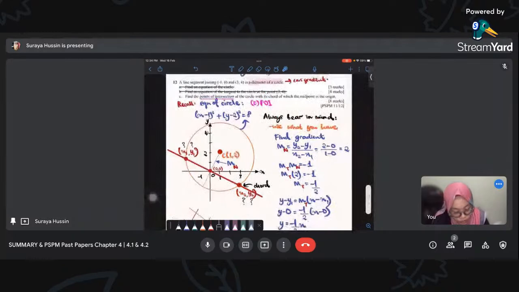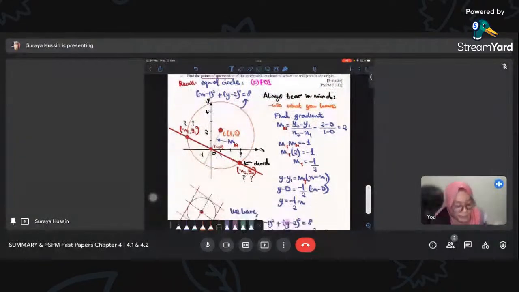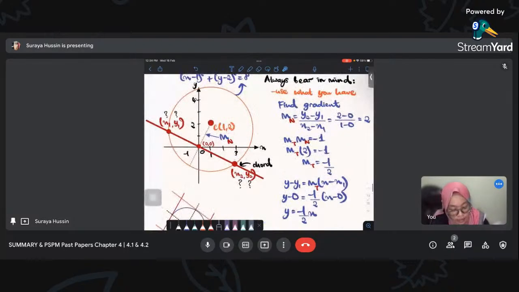Soalan ni perlu pandai cari gradient of tangent, kena pandai beza manakah satu tangent, manakah satu normal. You all kena sendiri faham bahawa ini adalah normal.